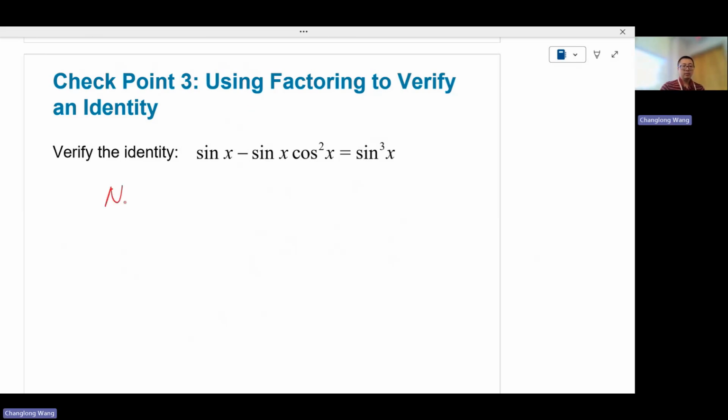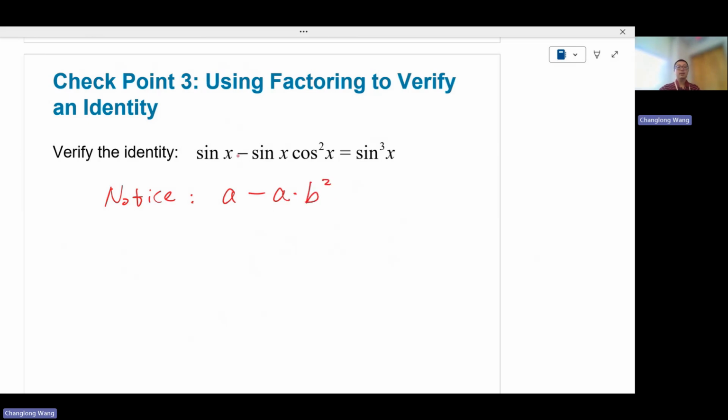if you notice that the left-hand side of the equation is in the form of something, let's call it a, minus a times something else, let's call it b squared.